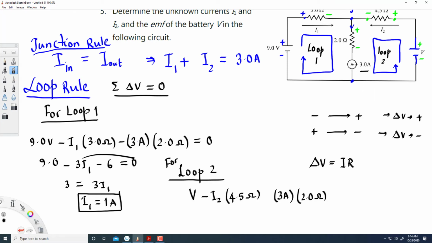It only measures the current. There's no potential drop across it; it just acts as a wire. For the 2 ohm resistor we are going from higher potential to lower potential, so it's negative, and that's equal to 0. So we have V minus 4.5 I2, minus 6, equal to 0; take this one to the right side, is equal to 6.